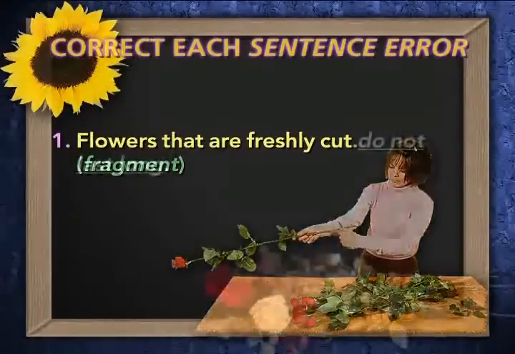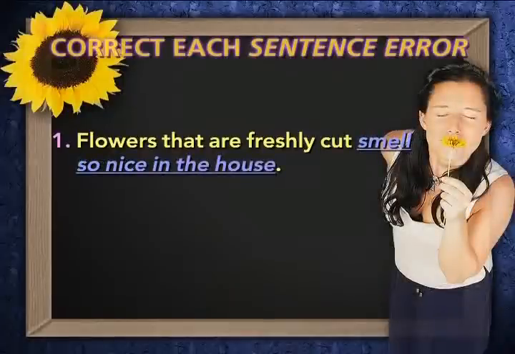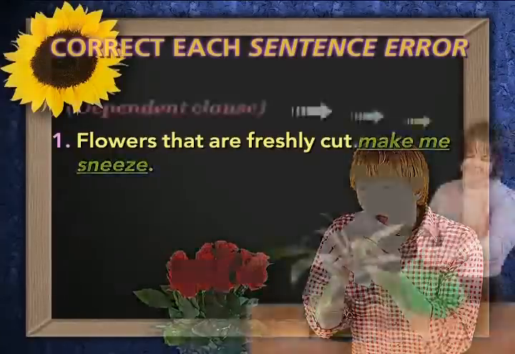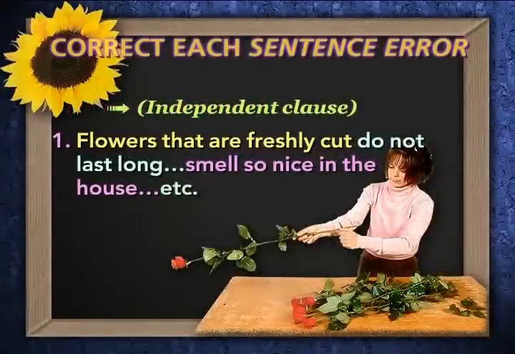I could say flowers that are freshly cut do not last long, or flowers that are freshly cut smell so nice in the house, or flowers that are freshly cut make me sneeze. As long as I've got the rest of that sentence, I'm okay. So I've taken my fragment, I've taken my dependent clause, and made it into an independent clause.